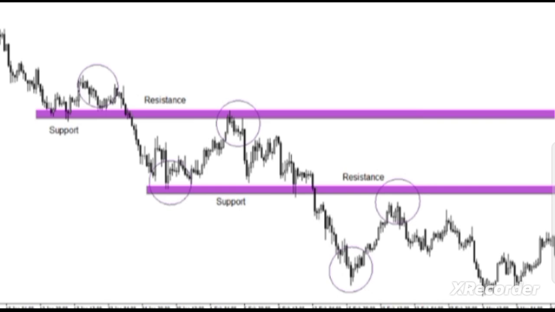When the trend is bullish at a certain period, price will get to a particular level where it will bounce back. It will reverse back, or it will start to range. It will consolidate. This is the work of a resistance zone.